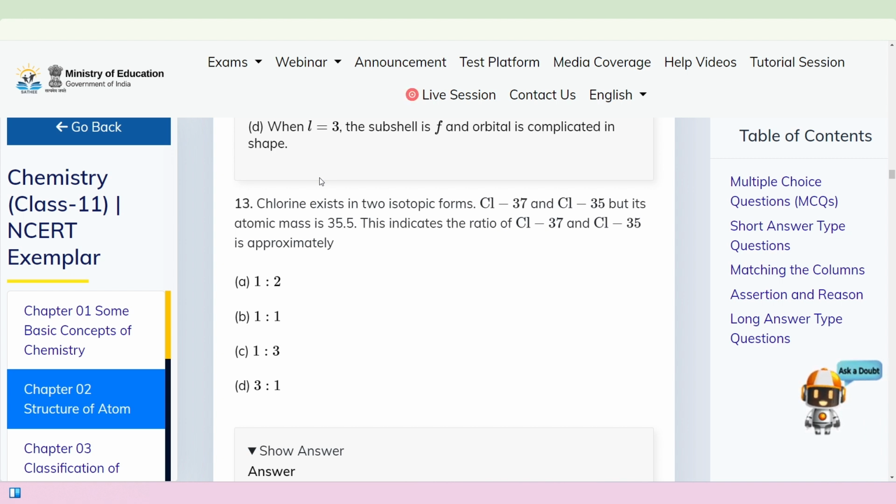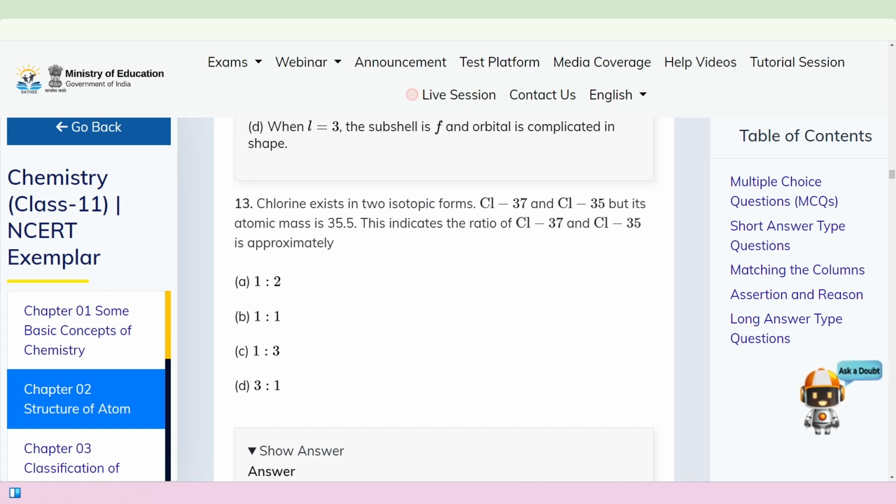The atomic mass of chlorine 35 multiplied by its relative abundance, plus 37 multiplied by the relative abundance of chlorine 37, divided by the sum of the ratios.